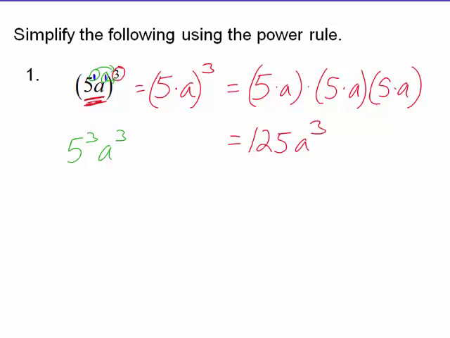And you could still simplify this and get that same thing, 125a cubed. So that would be using the power rule. It's kind of that shortcut. Alright, I'll do one more as an example, and then you can practice some.